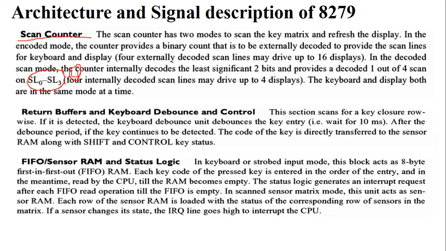These 4 scan lines are decoded into 4x16 lines, nothing but 16 scan lines are available. These scan lines are connected for the display and at the same time for the keyboard also.